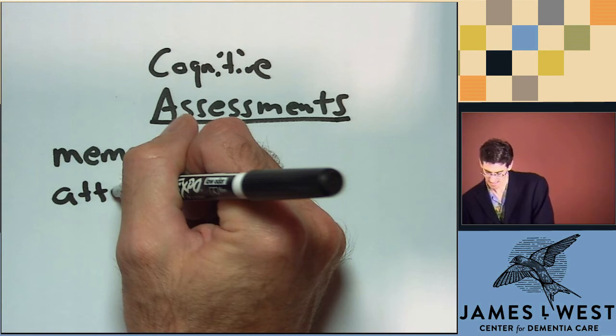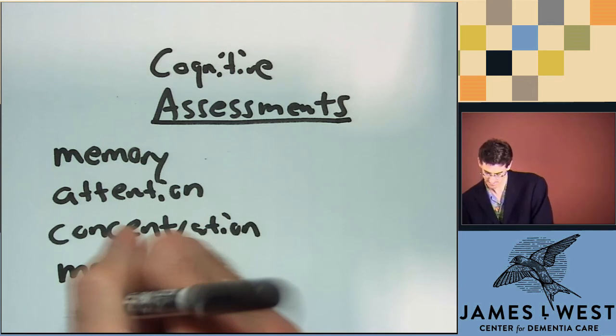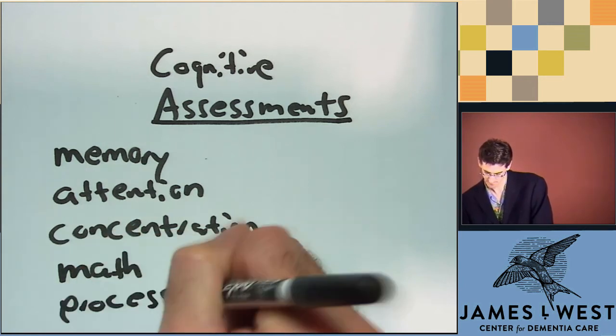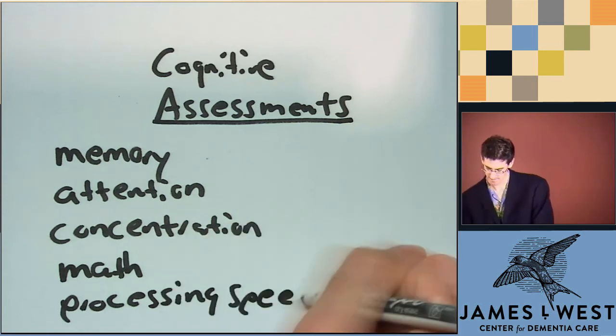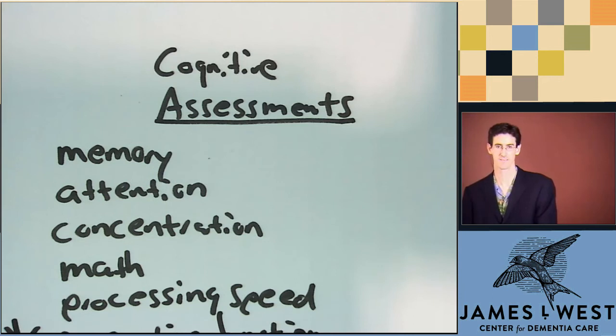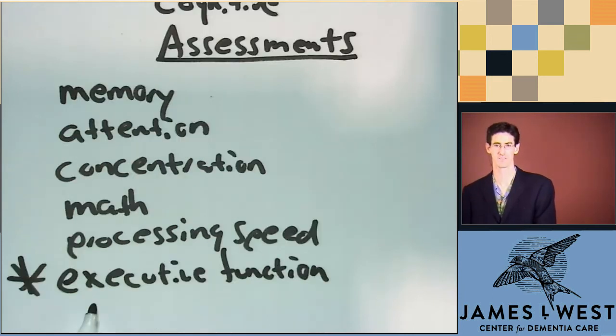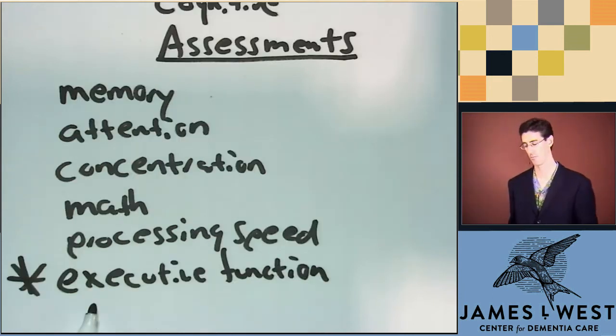You could say that math is a cognition, processing speed. So there's all sorts of cognitions, but there's another one called executive function. And so executive function is the cognition that consistently predicts decision-making capacity evaluations in multivariable models.